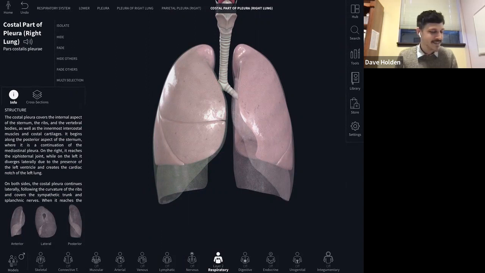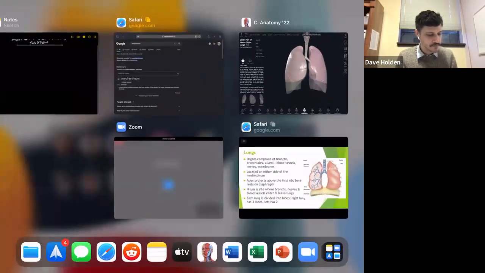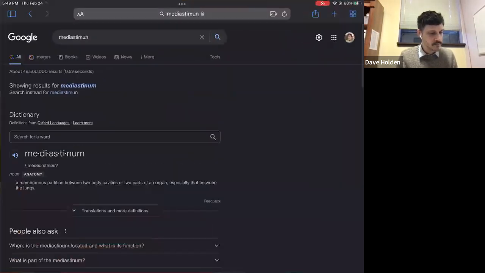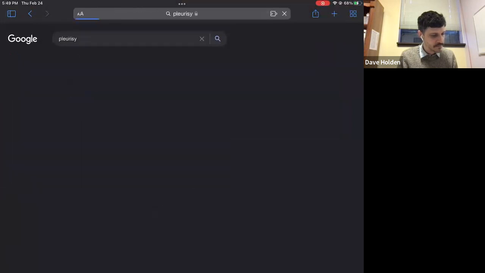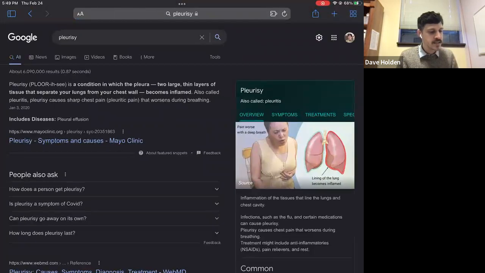Pleurisy is a condition in which the pleura, two large, thin layers of tissue that separate the lungs from the chest wall, become inflamed. Also called pleuritis. It just causes pain, chest pain and breathing pain.